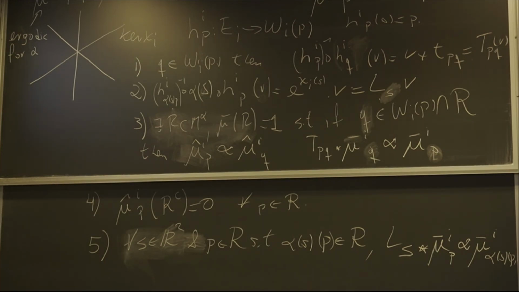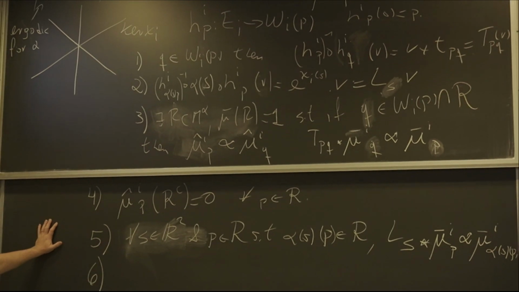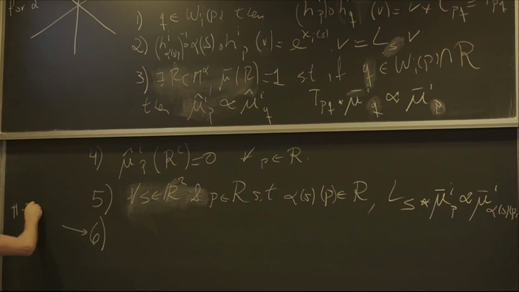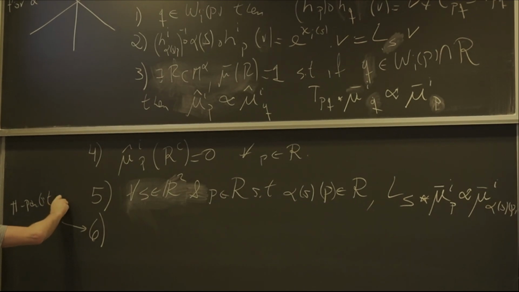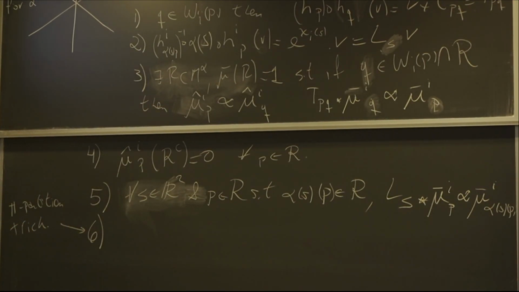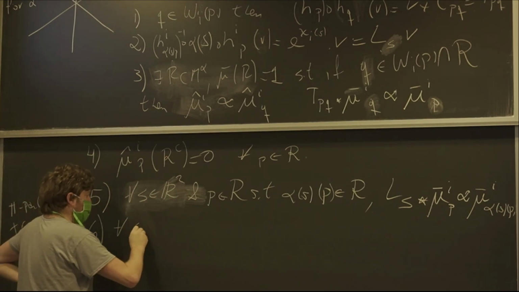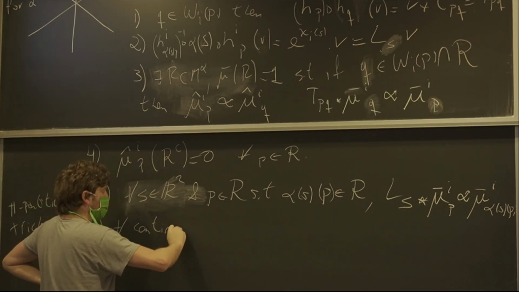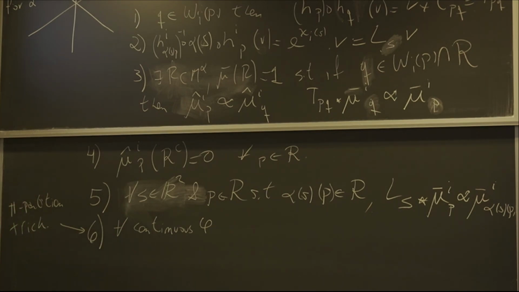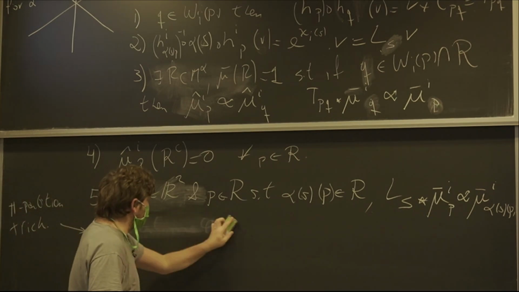Then the sixth property, which is what we spent quite a bit of time last time to discuss, which is the partition trick. It says that for every continuous phi, there exists a set of full measure.